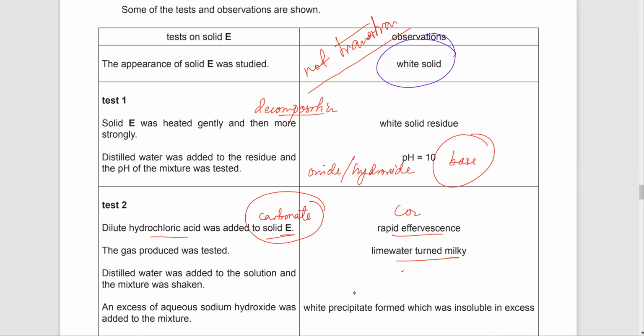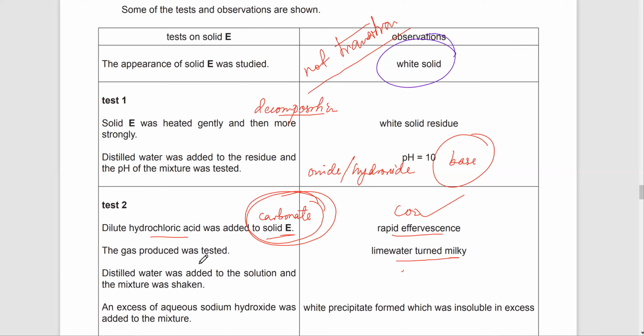It turned lime water milky, so it is carbon dioxide gas. That means solid E is a carbonate. We're not sure which carbonate, but we know it's a carbonate. Okay, Mahad, clear? Yes, sir. This particular paper has a lot of salt analysis questions.